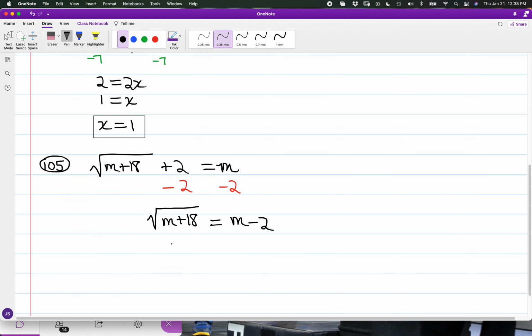And I can free up m plus 18 from the radical. Again, the nature of the radical is a square root, and so I'm going to square everything that is in the equation.